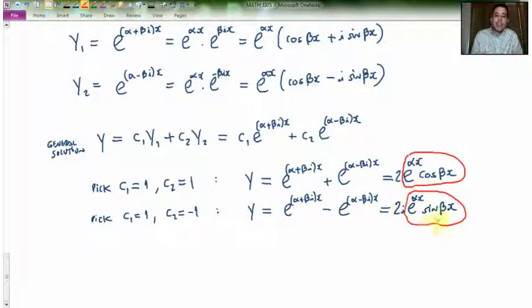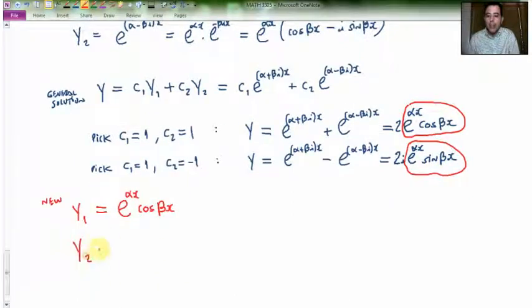And then I can pick this one and divide by 2i, which is a constant, and that gives me another solution. So I could pick my new y1 to be simply e^(alpha x) cosine beta x, and then my y2 to be e^(alpha x) sine beta x.